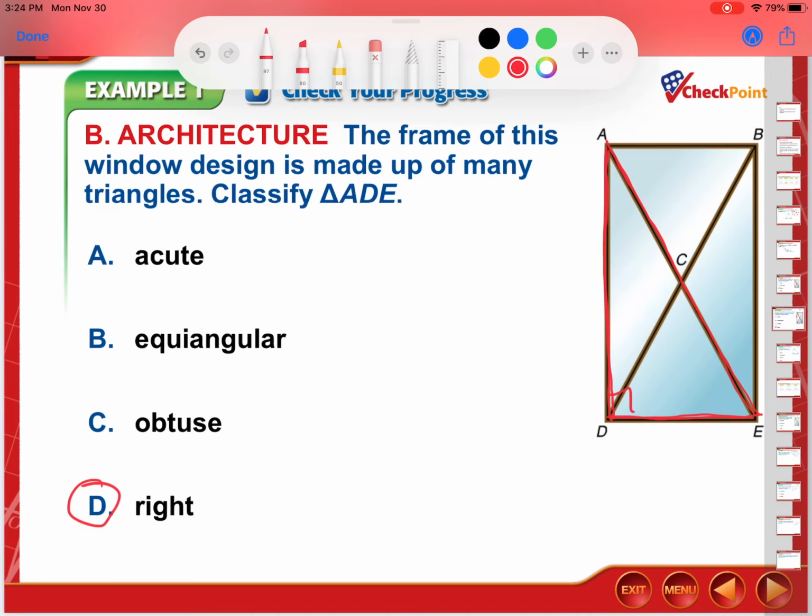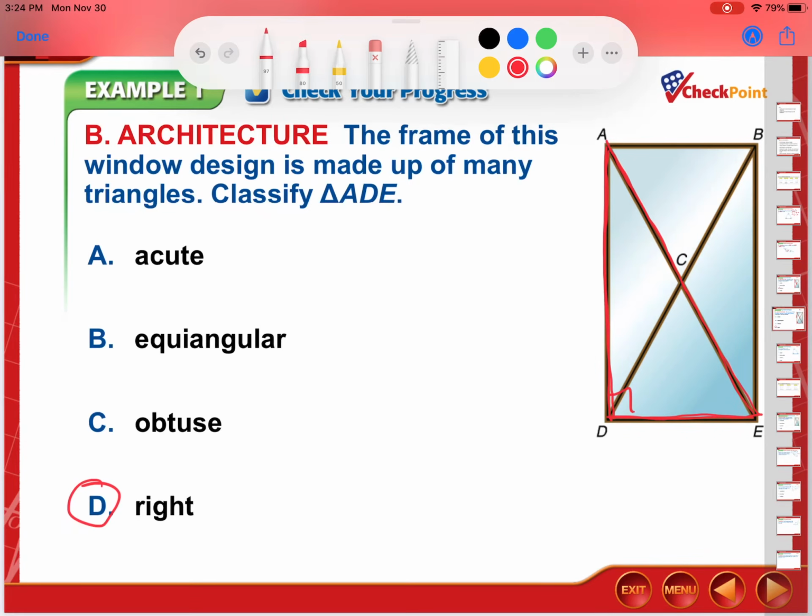There are goofy shaped windows, and so it wouldn't necessarily be 90 degrees. It could be slightly obtuse or it could be slightly acute, but the correct answer is right. As always, the textbook's going to try to trick you with stupid stuff like this. I'm not, though. So if it looks right, it's right.